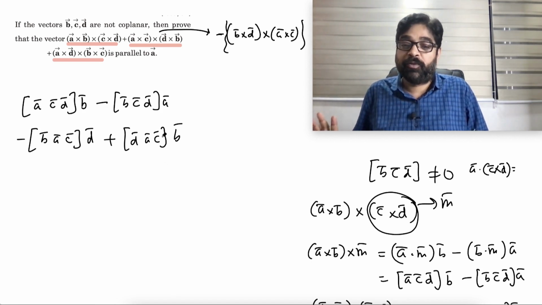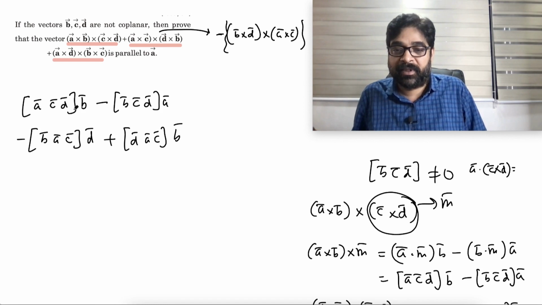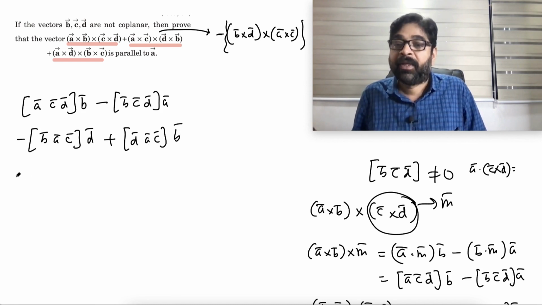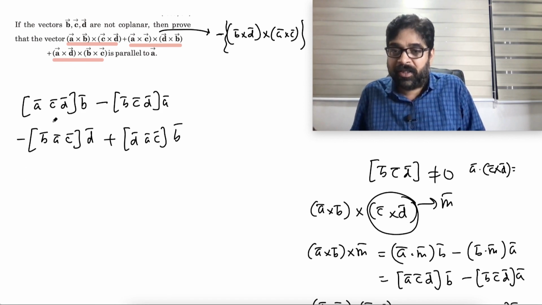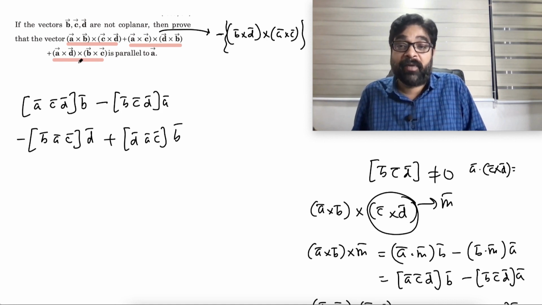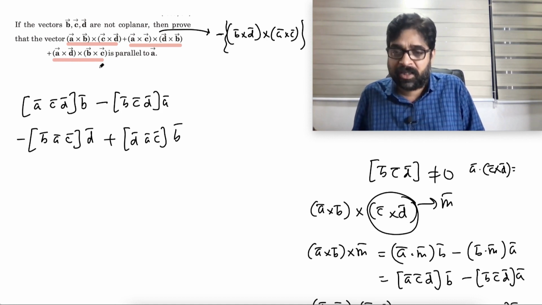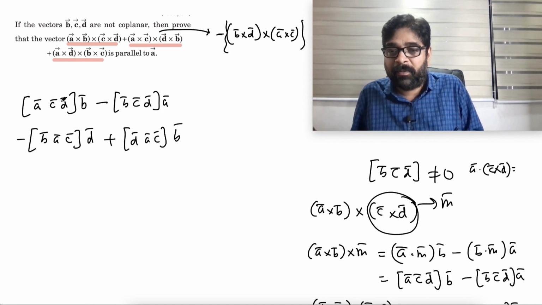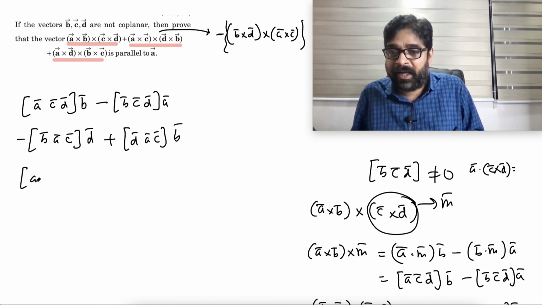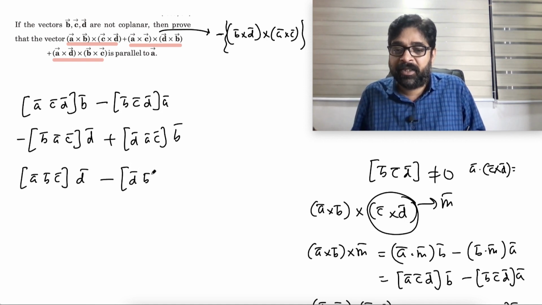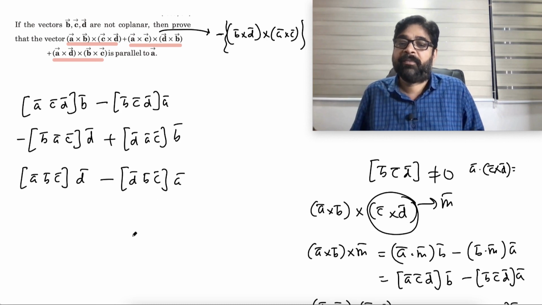Now I got B 2 times. Is it getting cancelled or not? That we'll check later. Now expand this. So if you expand this, you'll get the vector in terms of A and D. A and D. A and D. D is already there, so there is a chance it can cancel. So this will be box of A, B, C into balance minus box of D, B, C into balance.